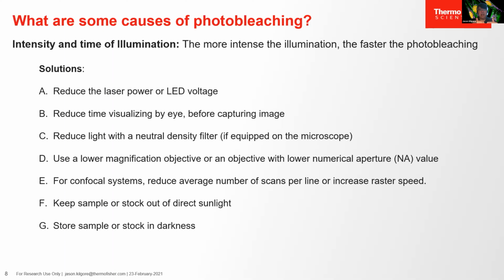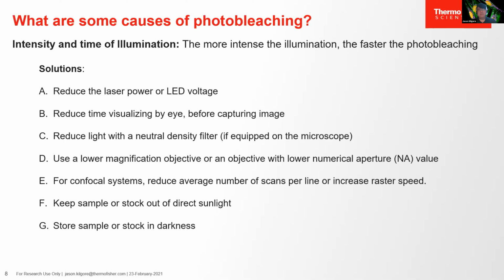You can change the average number that it rasters over a line. The higher the average, the more times it passes over those molecules and the more photobleaching you'll get. So to reduce the photobleaching, increase the speed and lower the average rastering. But the trade-off, of course, is intensity of your sample and the resolution of your sample.